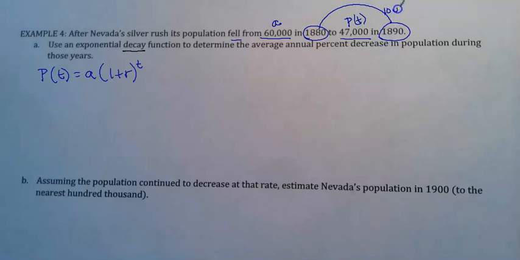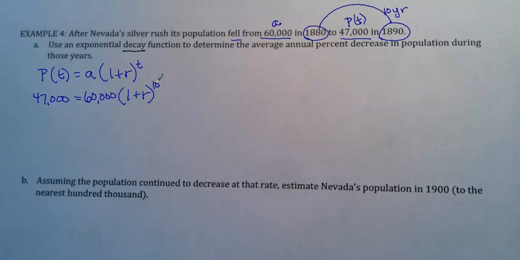Good, it's 10. So this is 10 years. So we're going to plug those into our formula. Our P of t, we said, was 47,000. Our initial population, A, is 60,000. 1 plus R, we don't know. And our t is 10 years.